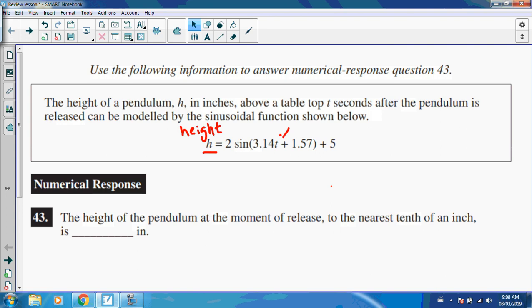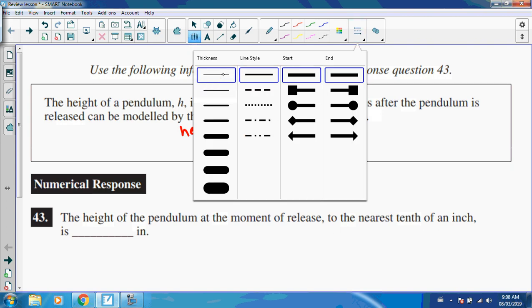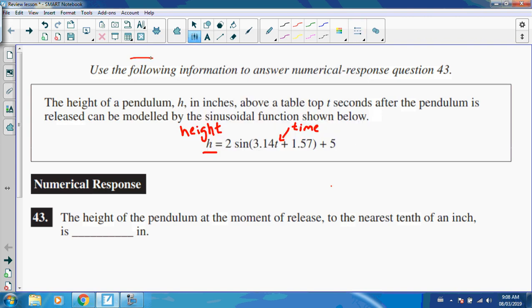So here our variable t is for time in seconds. The question is numerical response: the height of the pendulum at the moment of release. So the moment of release means time 0. And we have to round to the nearest tenth of an inch.